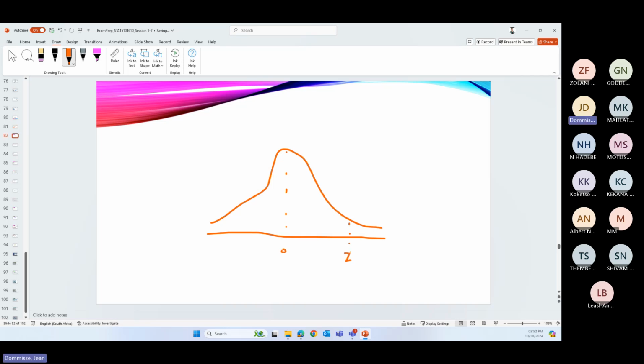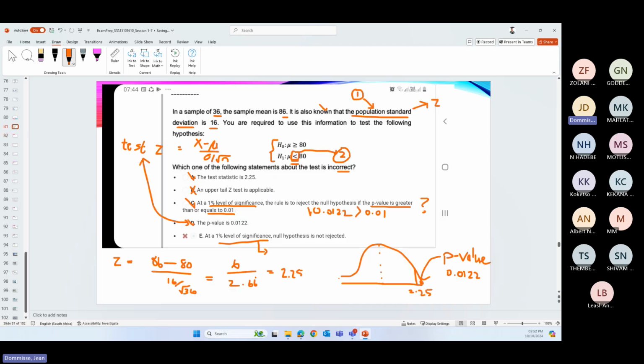So this is the Z test, and then we have the other one with the level of significance.